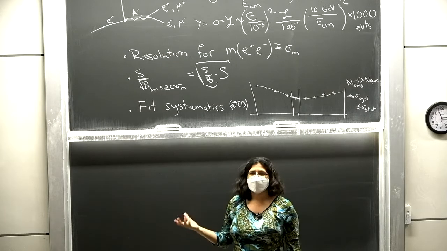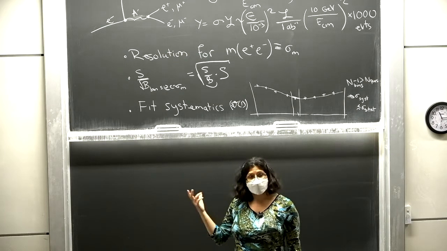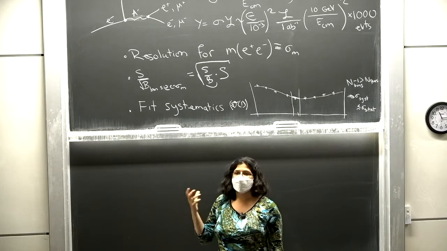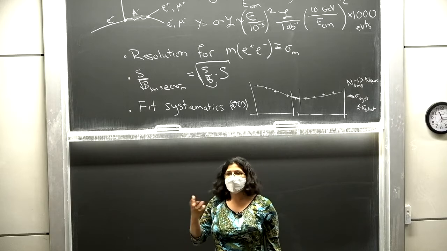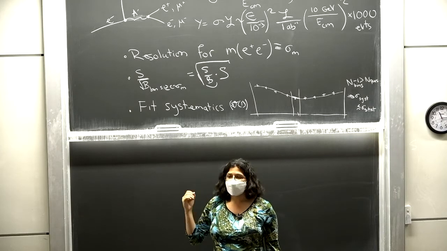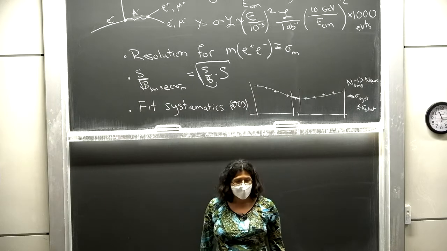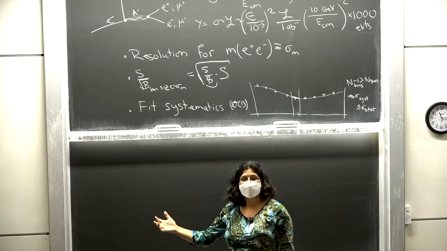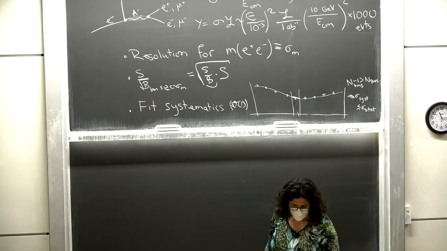And sometimes you don't know, usually they've worked hard enough that the scale isn't limited by how hard they've worked. It's limited by some intrinsic physics of the detector. And so I want to just talk about what those intrinsic physics sources of resolution are, and how you can estimate the scale of resolution you're going to get from that.